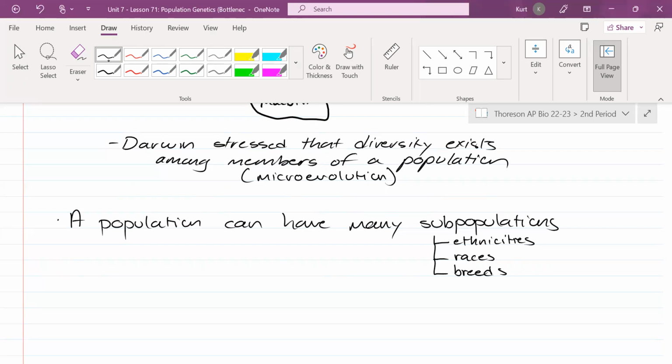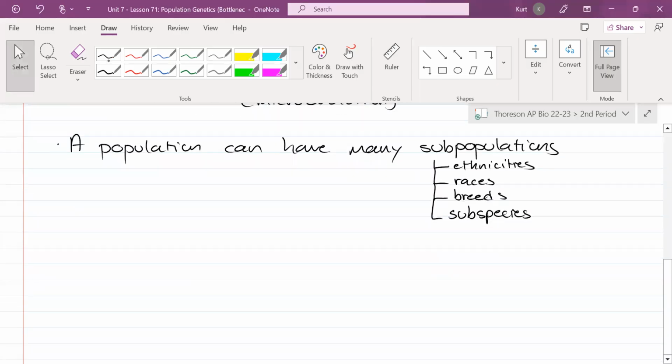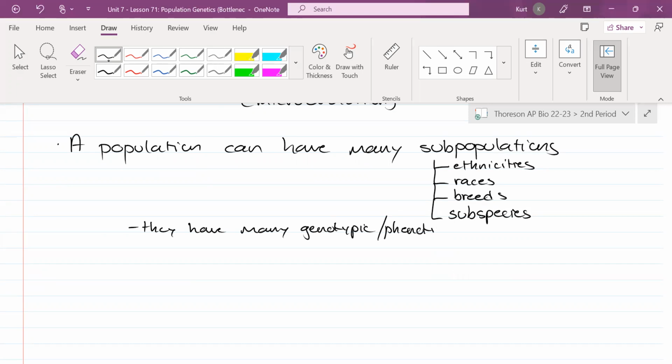We call those breeds or subpopulations, subspecies. That's another one. I almost forgot that. Subspecies. They're completely compatible. Their offspring are compatible, but there's definitely differences within the population. They have many genotypic and phenotypic differences.